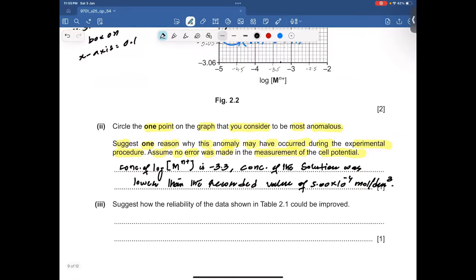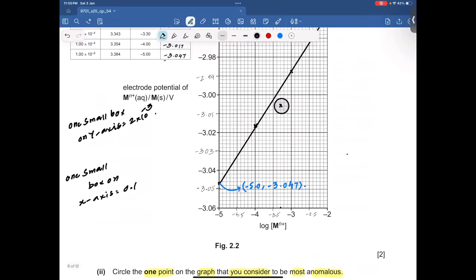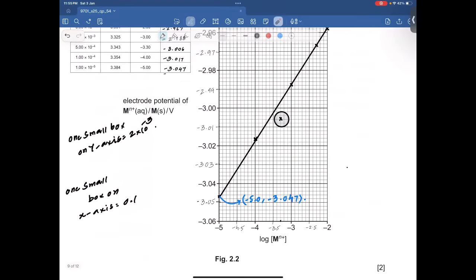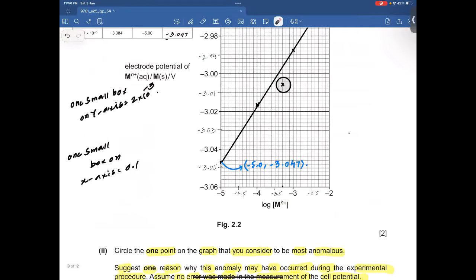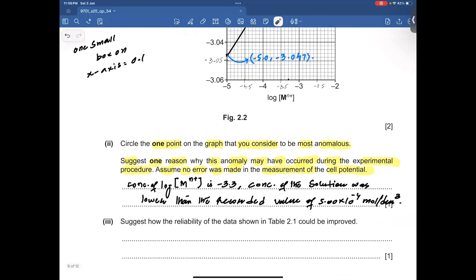Okay. So this concentration is lower than the recorded value. Okay.